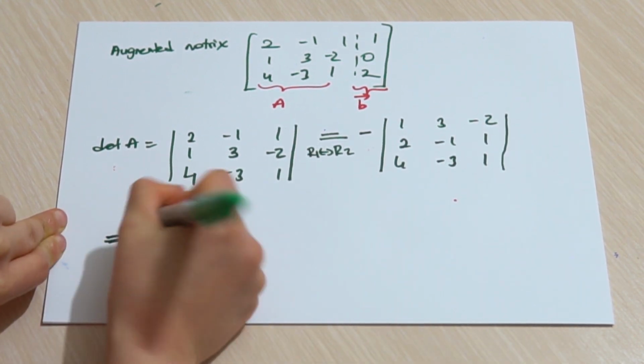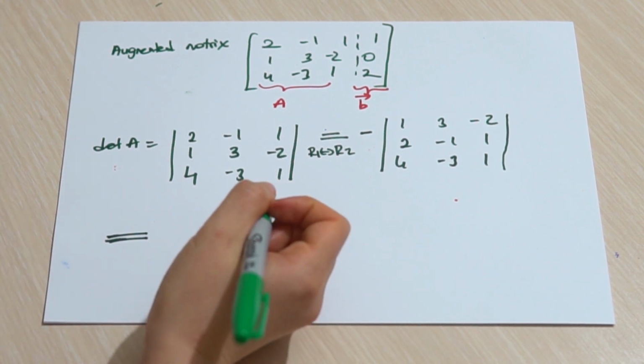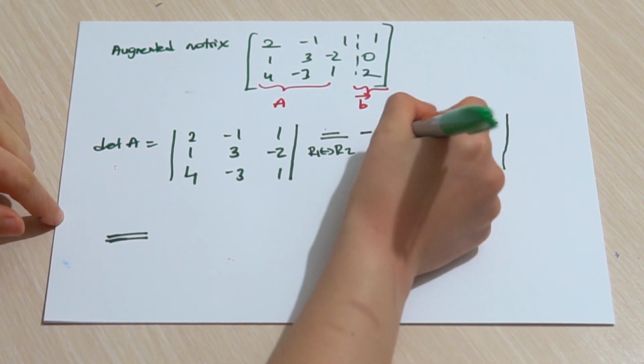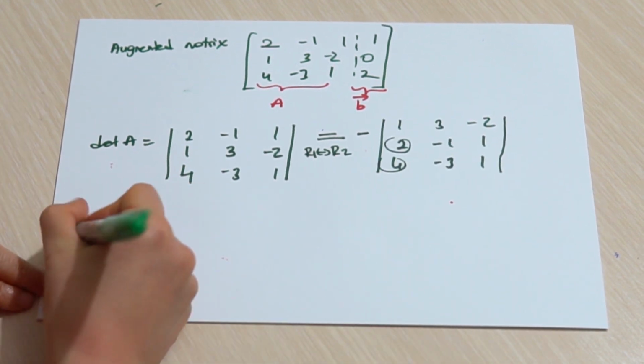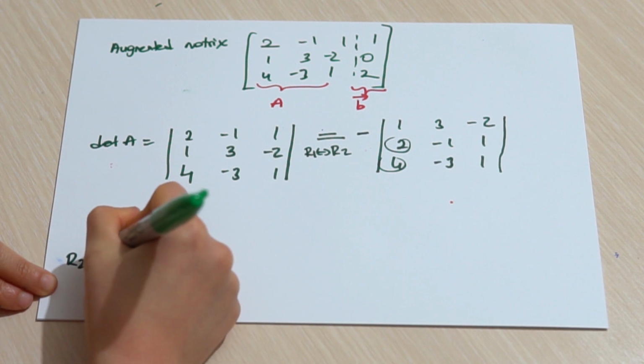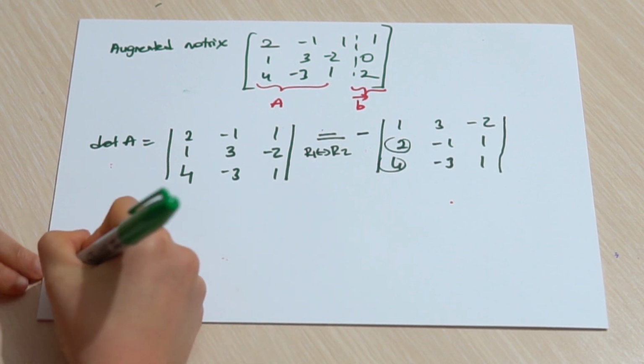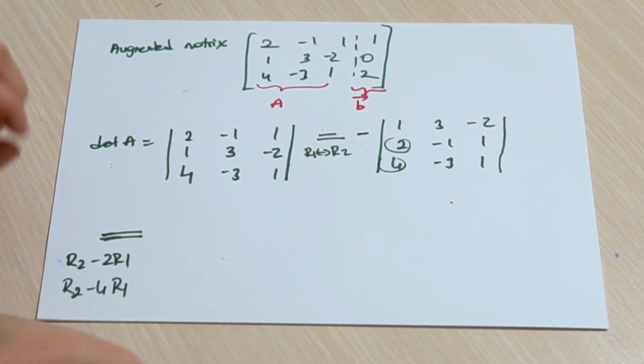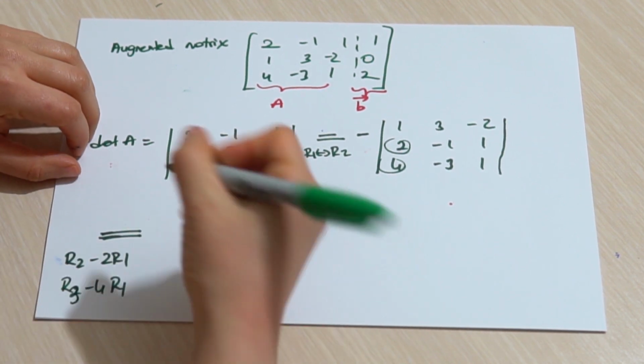Then let's make this one and this one 0. So let's add minus 2 row 1 to row 2 and minus 4 row 1 to row 3.